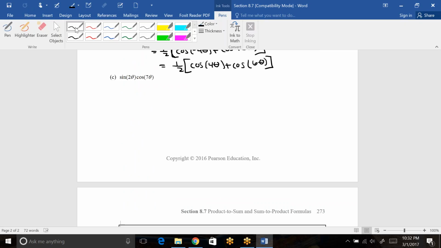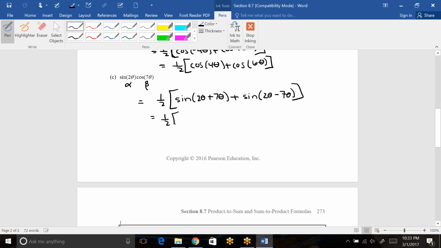This one is a mix. It has sine and cosine. So here's my alpha, here's my beta. This one would be 1/2 sine of alpha plus beta, so 2 theta plus 7 theta, plus sine of alpha, which is 2 theta, minus beta, which is 7 theta.